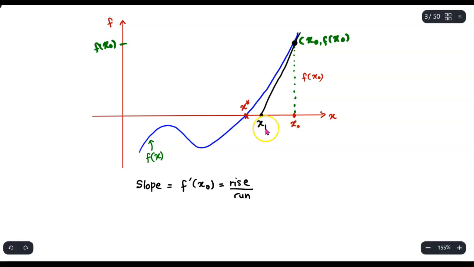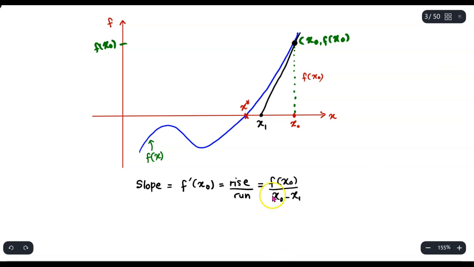So the length here is basically x naught minus x1, and the rise is f(x naught) over x naught minus x1.